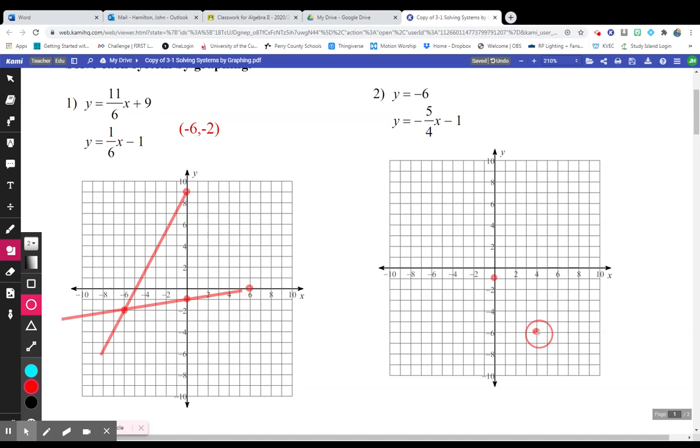And if you ever have questions about that, think about where your line's going to go. This line is going to go downhill, which in fact makes sense because it's a negative slope. So it should go downhill from left to right. That's one way that you can keep up with that and know what's going on. So I'm going to go ahead and get my line tool, and I'm going to make this line here.